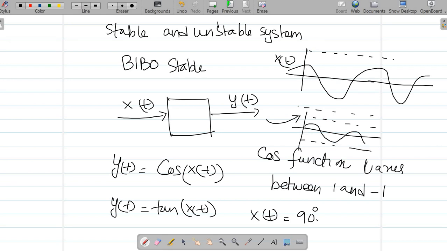It need not necessarily be a sine wave. It can be of any shape, but it has to be within the bounds. So this is y of t. This is what is meant by a stable system.